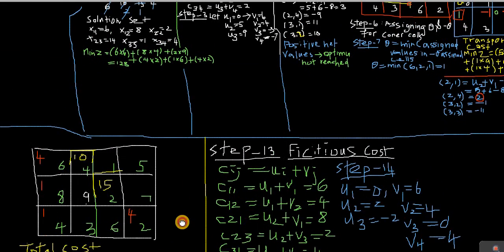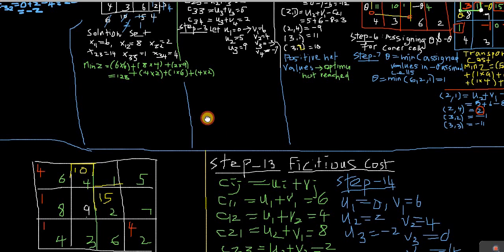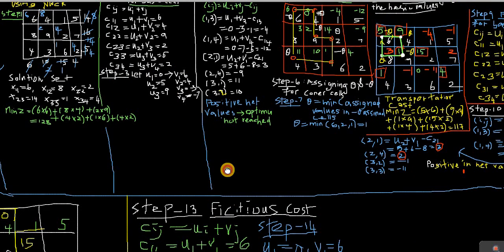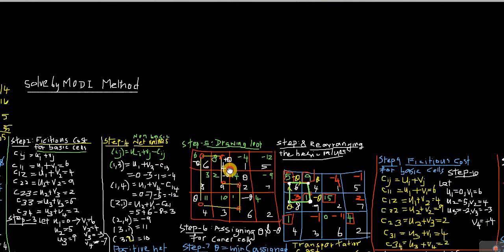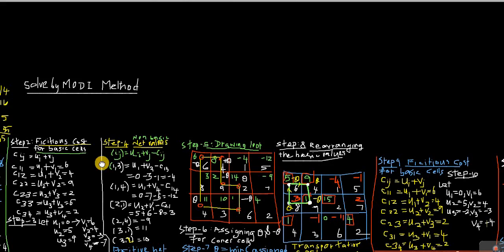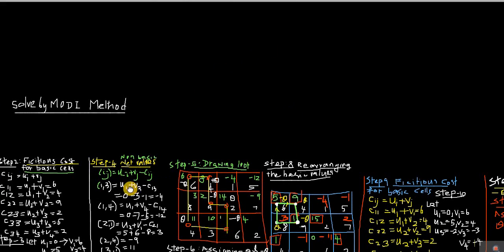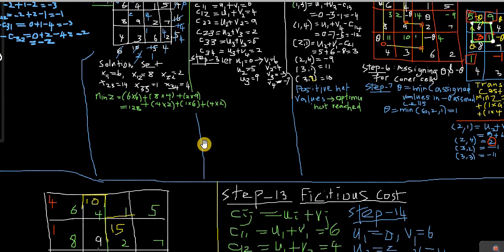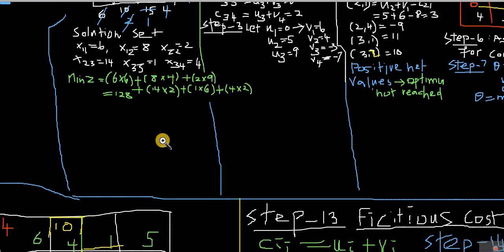Can you remember that in the previous cases? Let us go and show it to you. By northwest corner rule, by MODI method, here. By northwest corner rule, we got the transportation cost as 128 rupees.